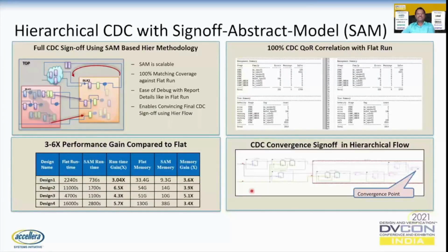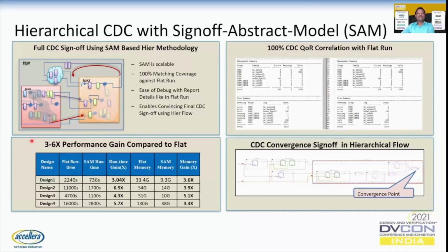Like low power checks, SAM flow is also used for performing CDC analysis for huge and complex designs. It enables matching results with the flat run, and since QR is maintained, design sign-off is possible with this approach.